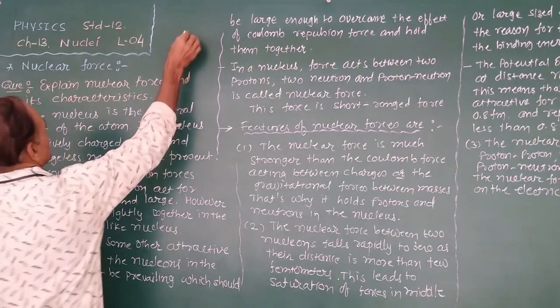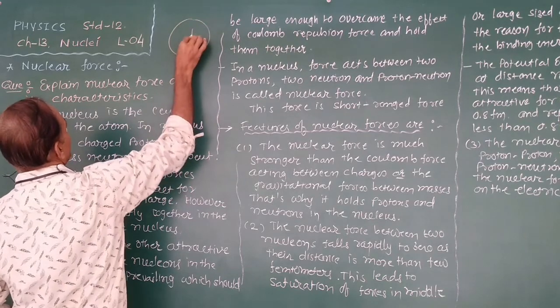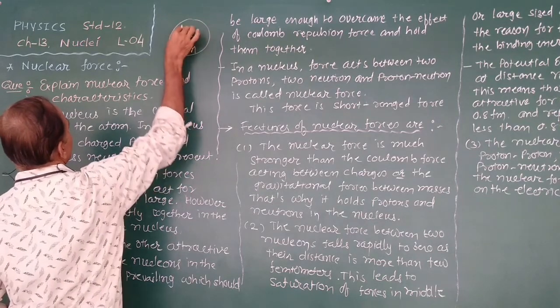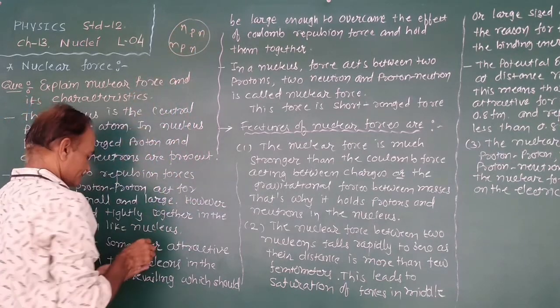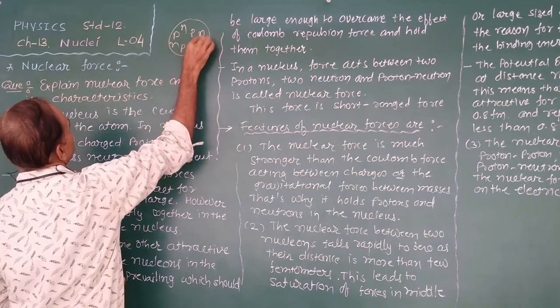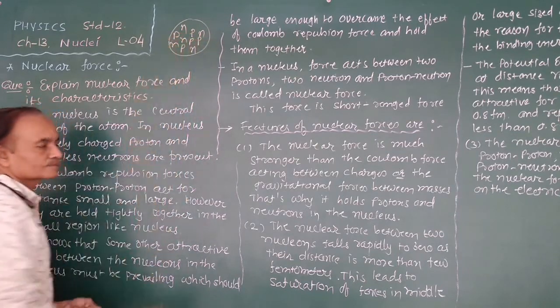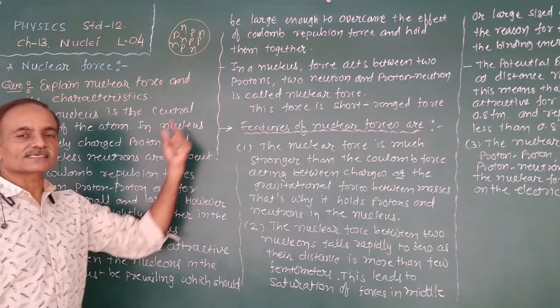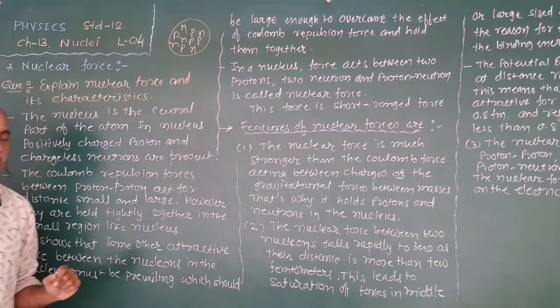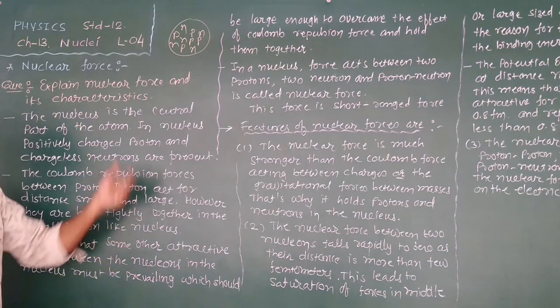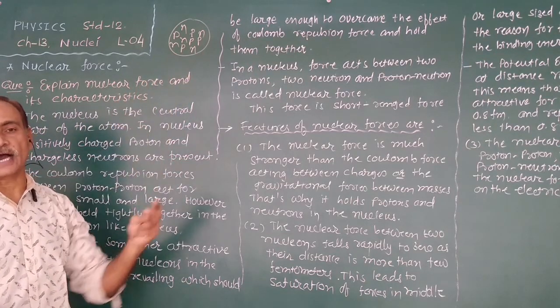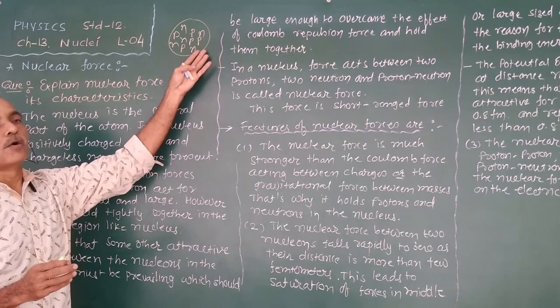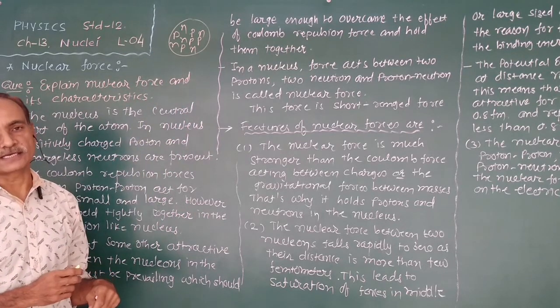There is the nucleus. Inside the nucleus, protons and chargeless neutrons are present. Between the protons, at small distance and large distance, the repulsion force acts. So the question is why the proton and neutron are held together in the nucleus.